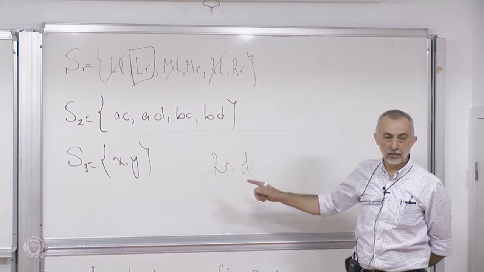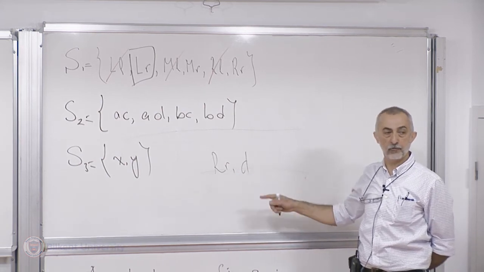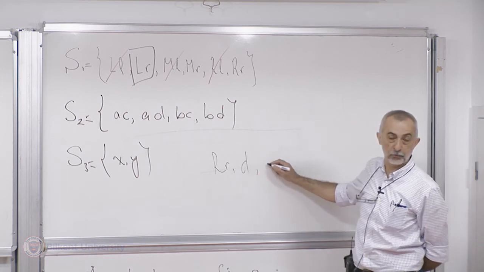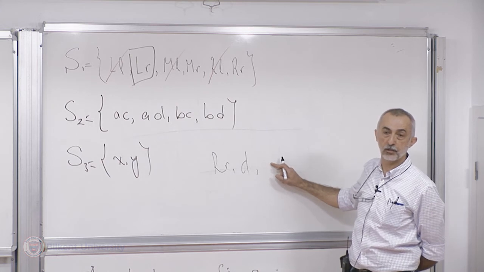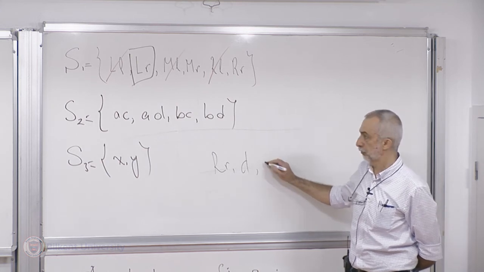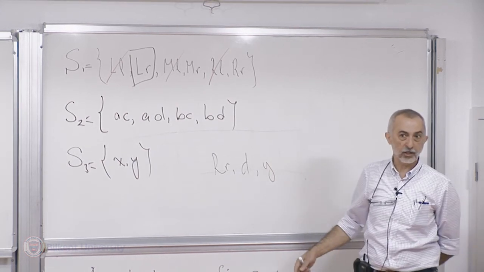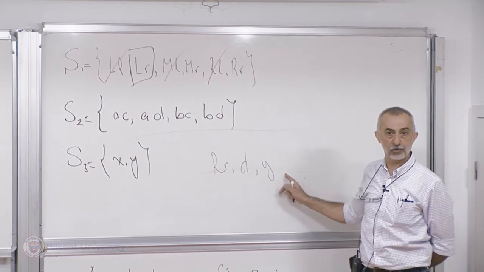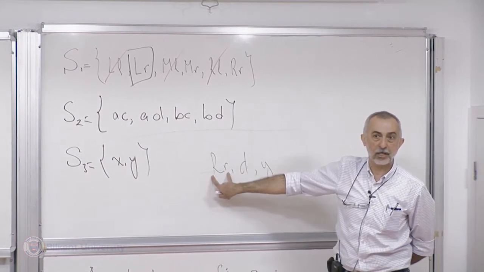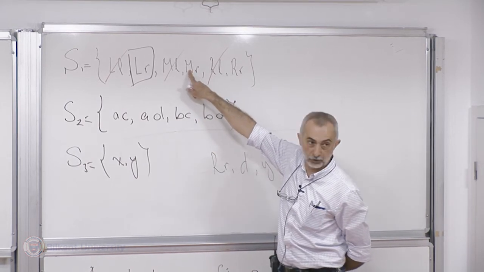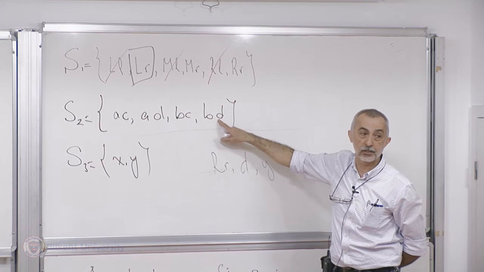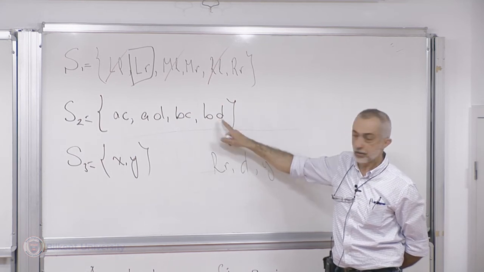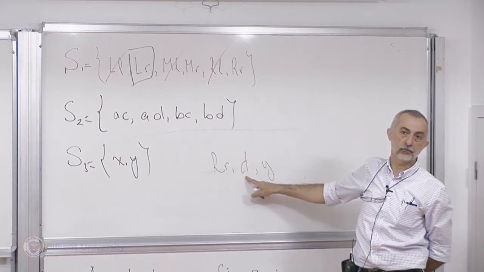A profile is a list which consists of a strategy of each player. So I should add which plan of action player 3 is going to use. That was why. And the other thing is, it's a profile of strategies. So this should be a strategy of player 1. It should be in this set. It is. This should be a strategy of player 2. It should be in this set. It's not. Okay? This is not a strategy.